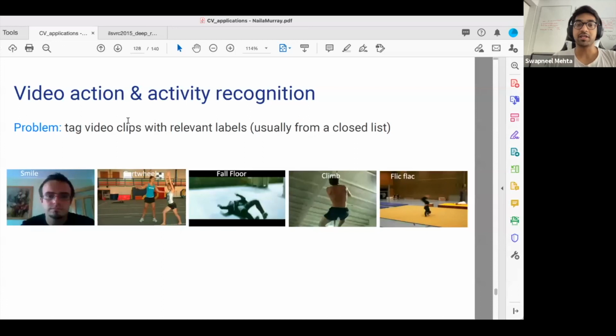Video action activity recognition is where now, if you think about this compared to images, in videos you have a sequence of images, right? So there is a certain relationship between images that are close together, and that relationship grows weaker as the distance between images grows further.